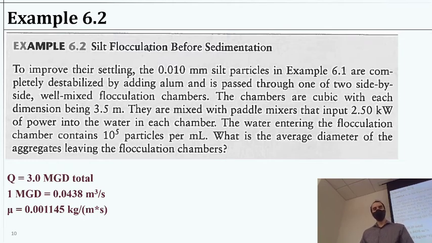The question is, what is the average diameter of aggregates leaving the flocculation chambers? So, take a few minutes, work on this, see what you can do. Work with each other if you'd like. After maybe 5 minutes or so, I will step in and make a few comments about how to start.